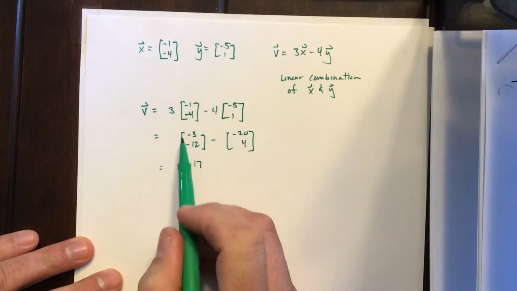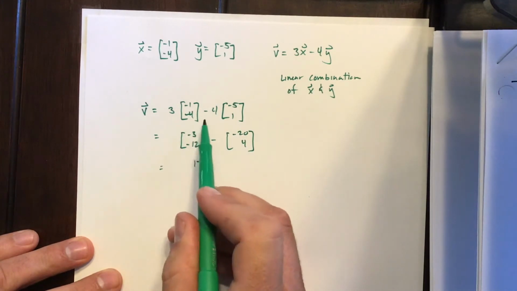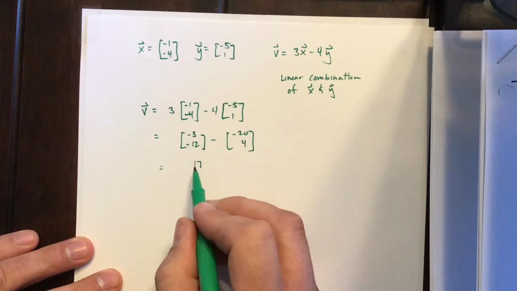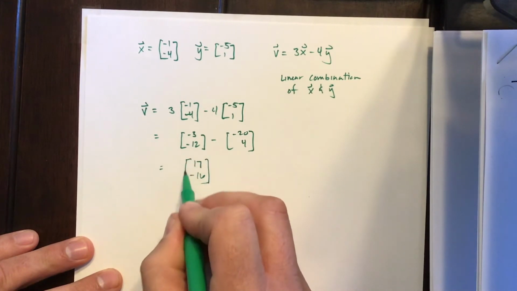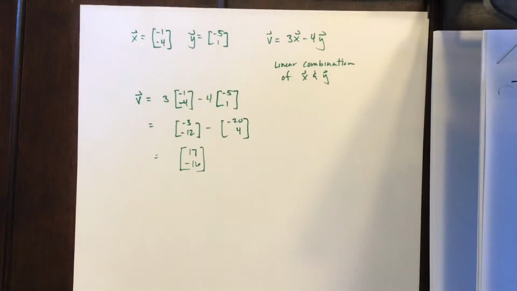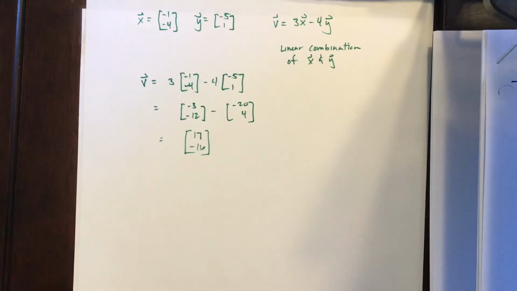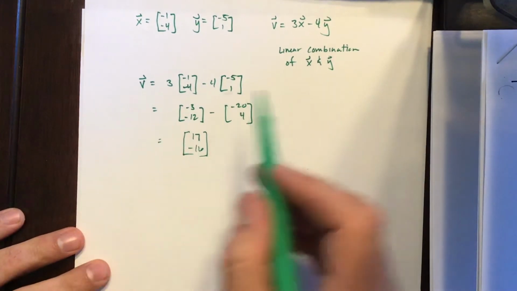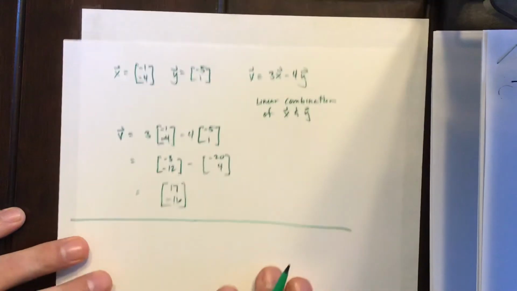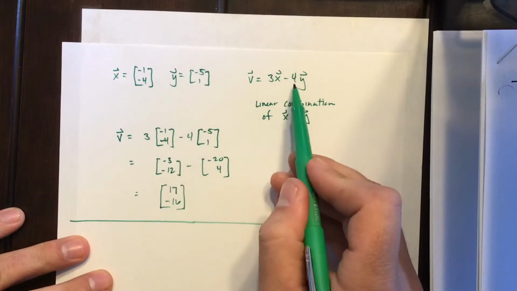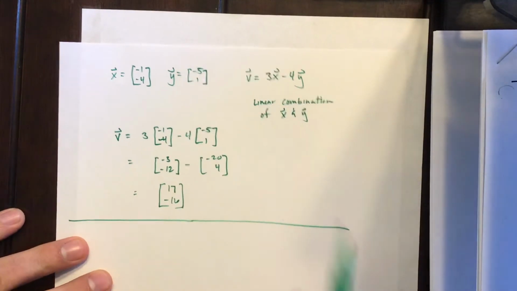And negative 12 minus 4, that's going to be negative 16. All right, so that's a vector v, the linear combination of x and y. And just to be clear, a linear combination can use any scalars, not just 3 and 4. You probably already knew that.